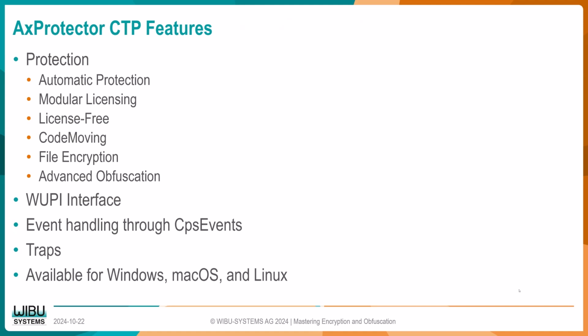And then the code is executed inside the dongle, inside the cloud. And so it cannot be watched or checked by the attacker. And then the result of the code is returned back to your application. So this can be done with CTP, and it can be done with AxProtector Classic. So you see, it's nearly the same functionality.